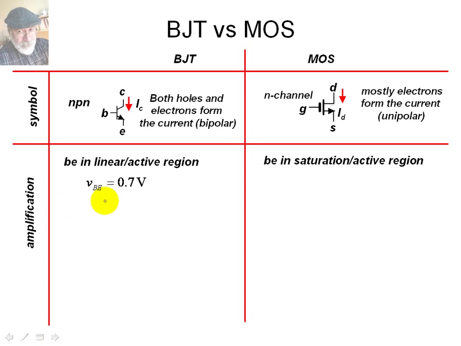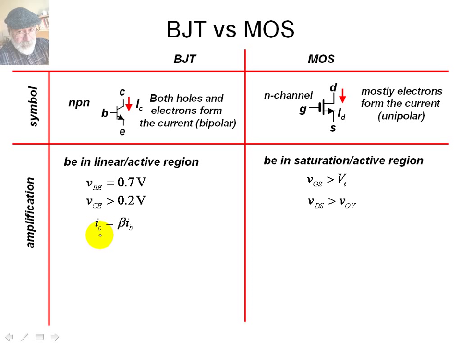The BJT's base to emitter voltage is 0.7 volts, but in the MOSFET, the gate to source voltage has to be above the threshold voltage, so there is a channel. The collector to emitter voltage is above the saturation value of 0.2 volts in the BJT, but in the MOSFET, the drain to source voltage is above the overdrive voltage.